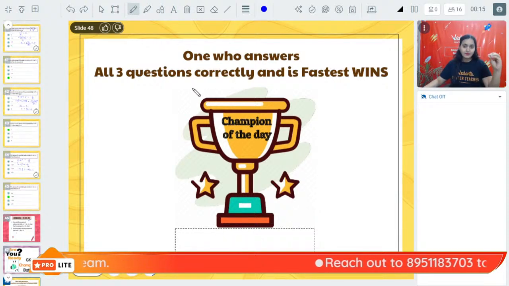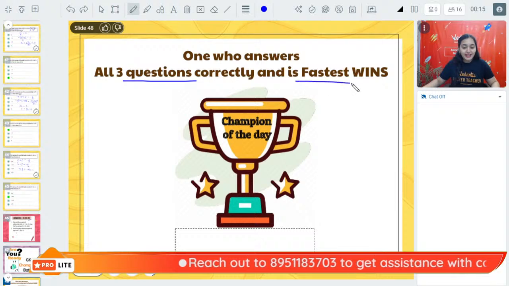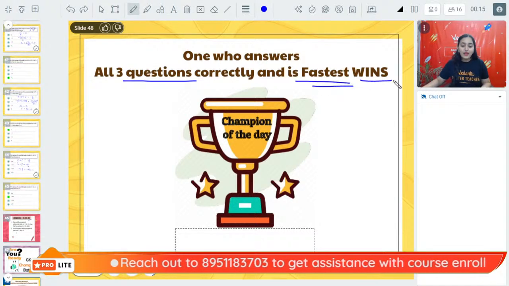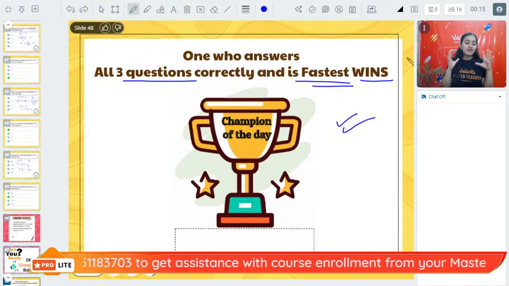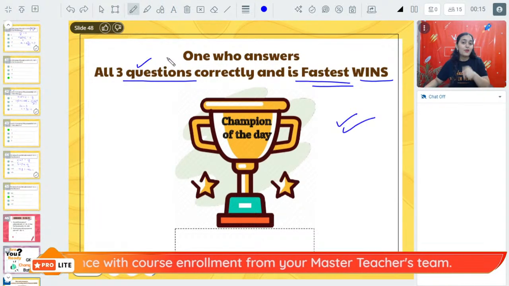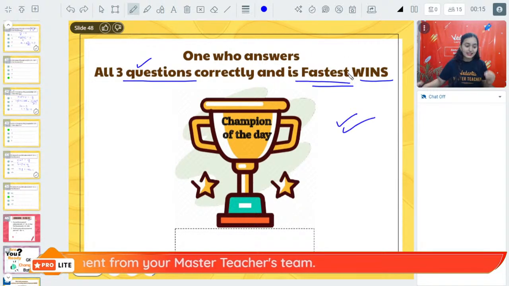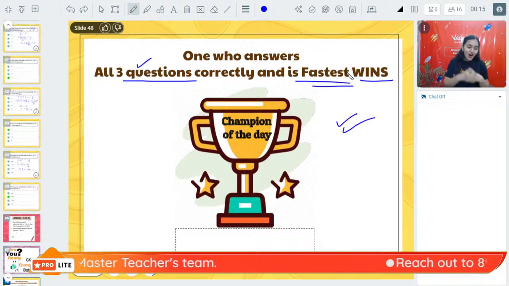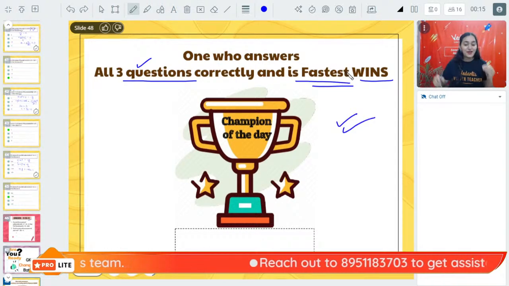All the students who answer the three questions correctly and are fastest win the champions trophy. Okay, so this is the champions trophy. Any student who gives all three answers correctly and is also fastest wins the trophy of champion of the day.